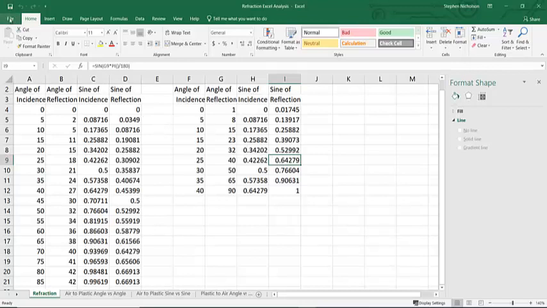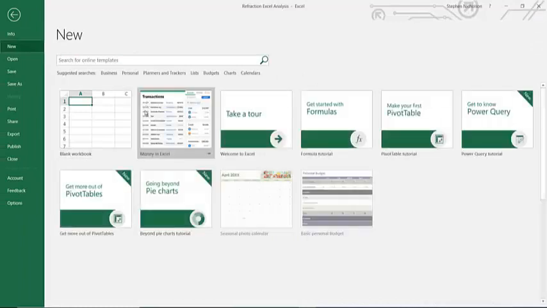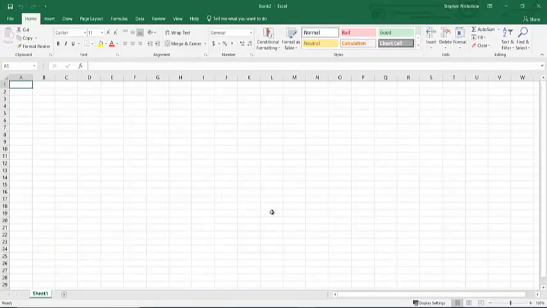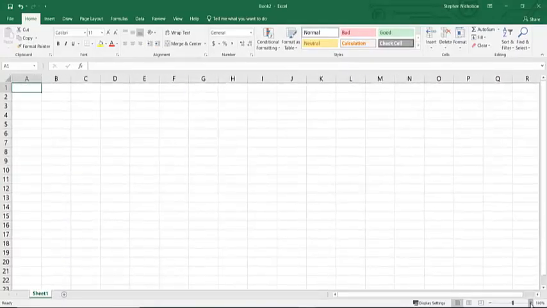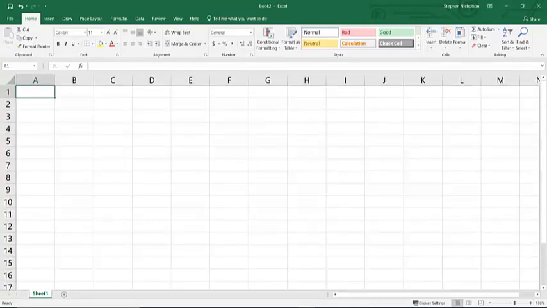Okay, so we're going to create a new file here. This will be the one for the lens equation. So we're going to have a column which is the object distance. We're going to do it in centimeters.